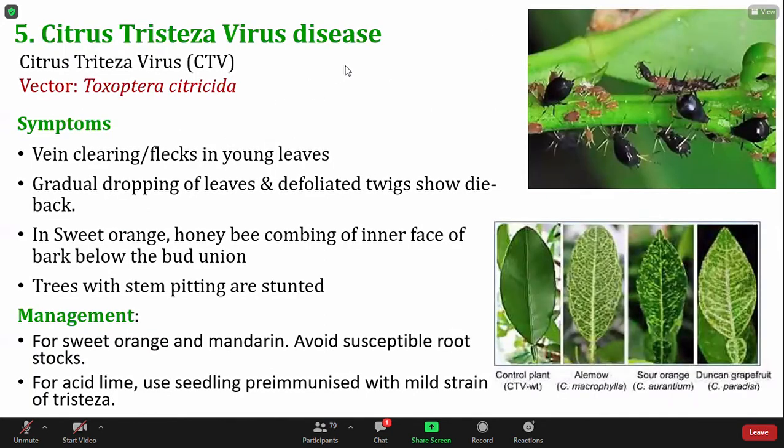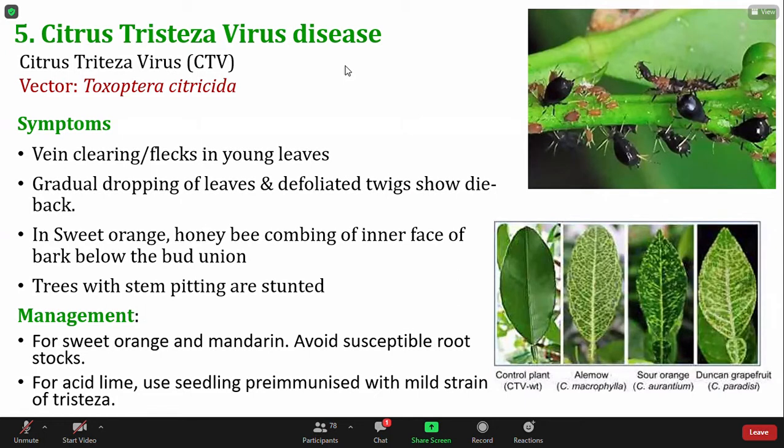The fifth one is citrus tristeza virus disease. This is called CTV. The vector is Toxoptera citricida. This is the vector. The symptoms are vein clearing. You can observe the vein clearing in this picture. The vein clearing is observed mostly in the young leaves.